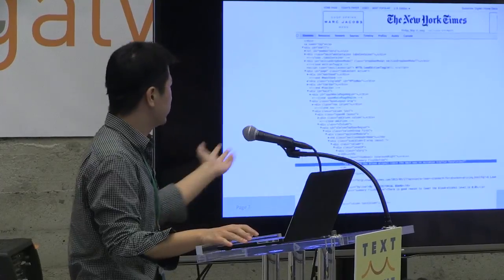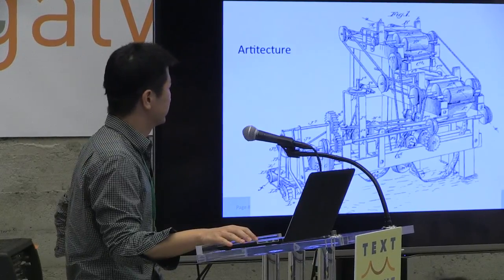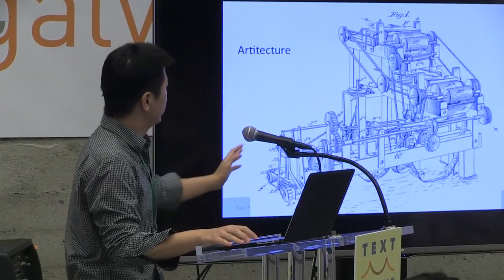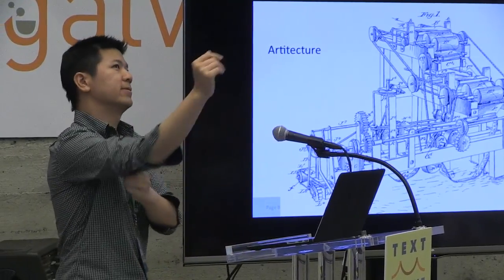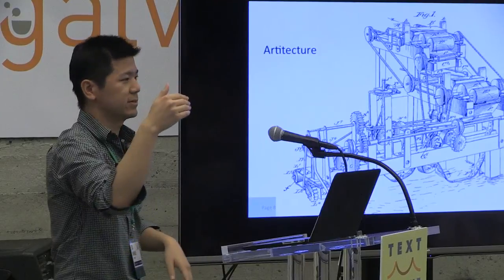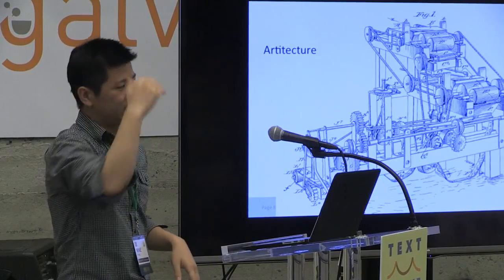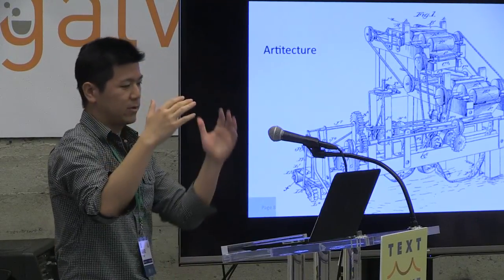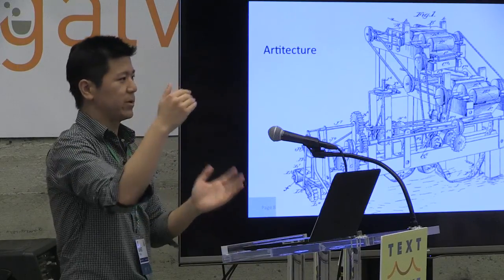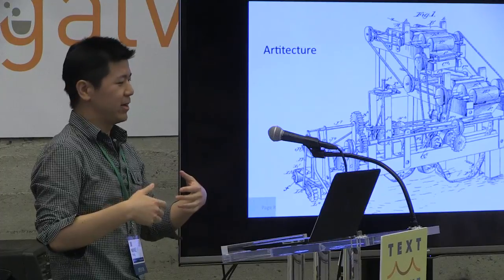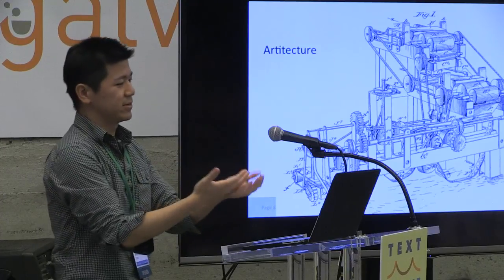Let me explain the overall architecture of how Diffbot works. The easiest way of using Diffbot is you pass us a random URL. And the first thing that we do is we have developed our own custom renderer that takes in that URL and simulates what the human sitting in front of their computer in a browser is doing.